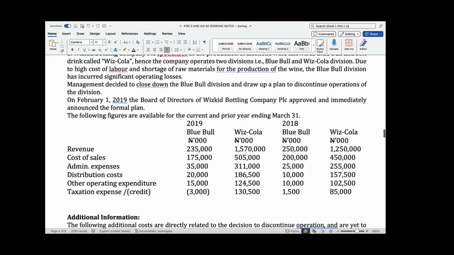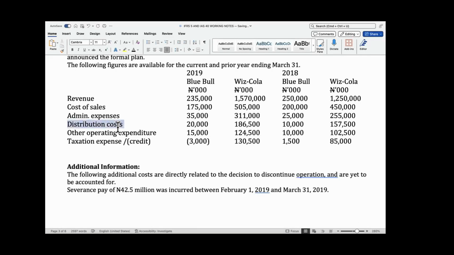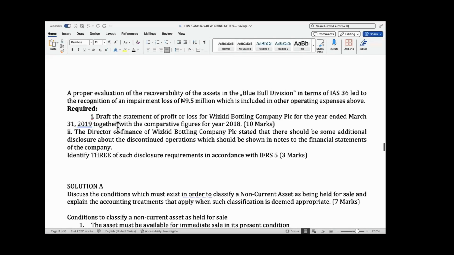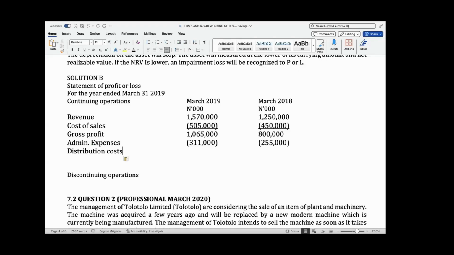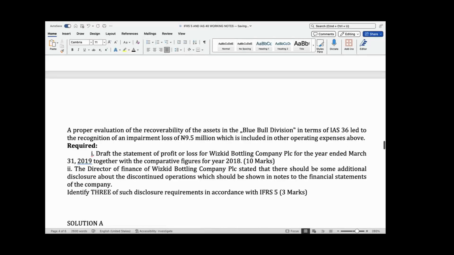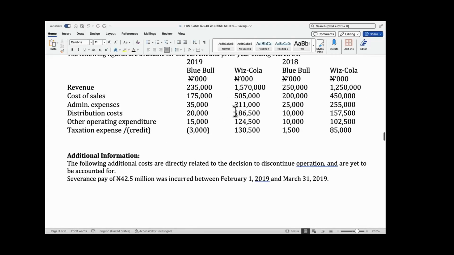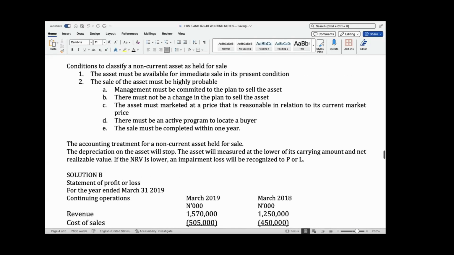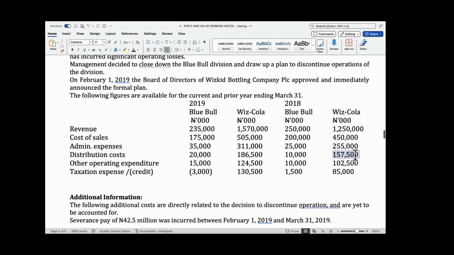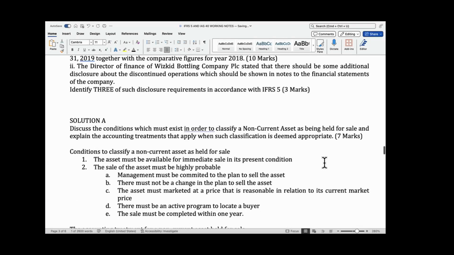And the distribution costs, for 2019, we have 186,500, and for 2018, we have 157,500.